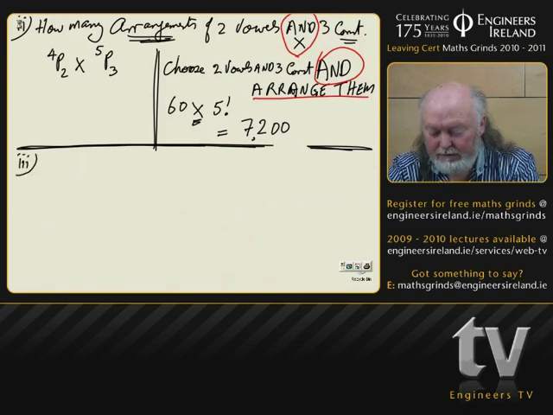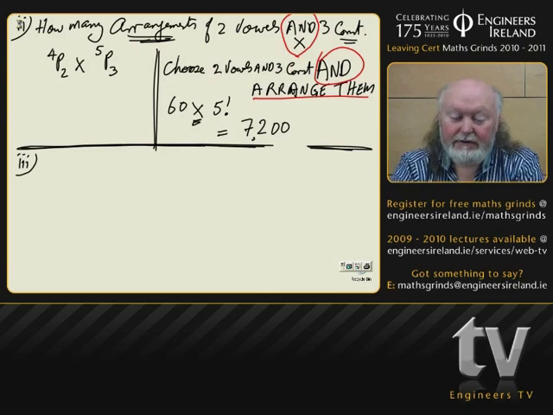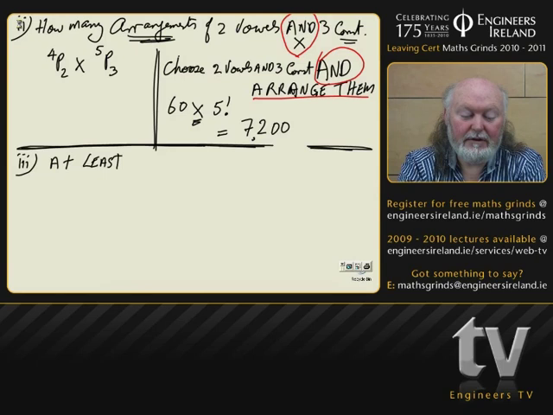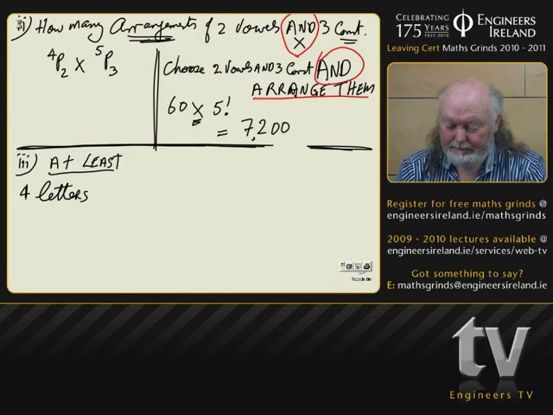How many choices of 4 letters, including, this is the thing, at least. Okay, this is the phrase we're going to be dealing with. 4 letters.